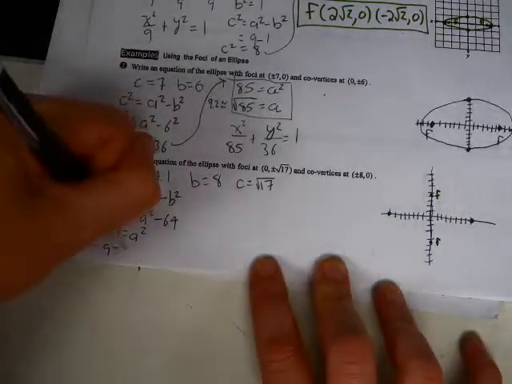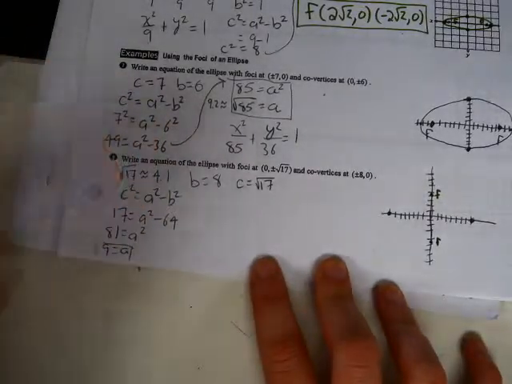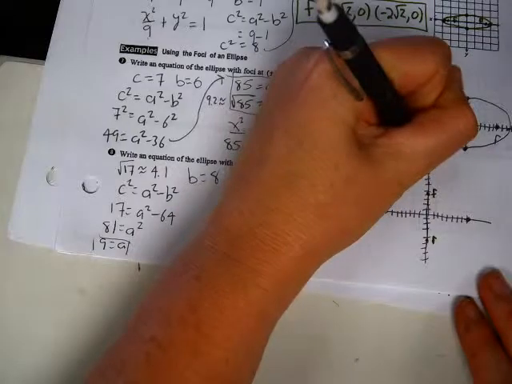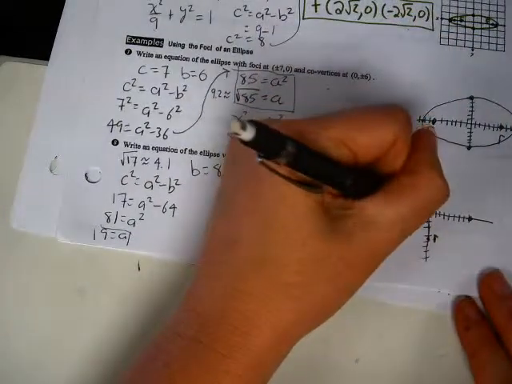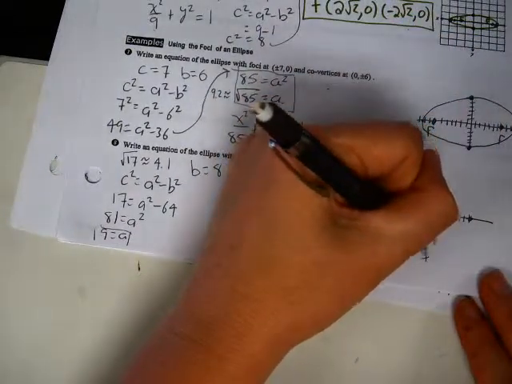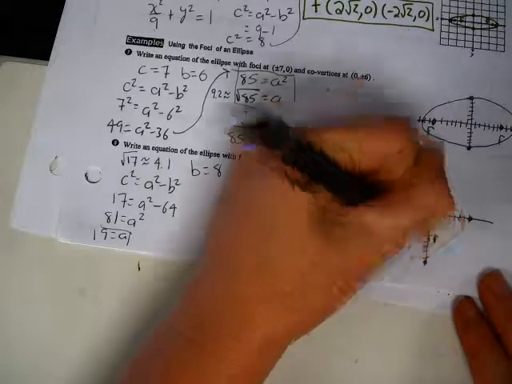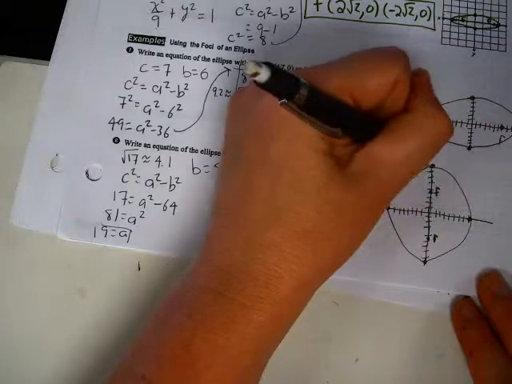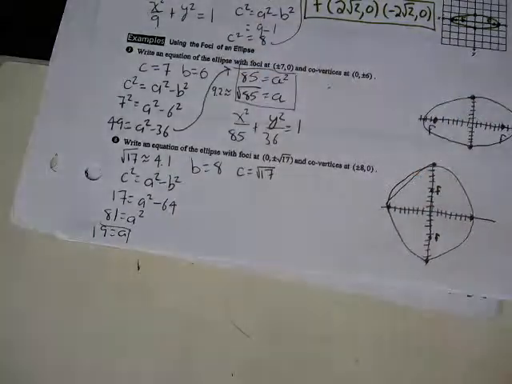So 9 equals A. Let me graph that: 1, 2, 3, 4, 5, 6, 7, 8, 9. Supposed to be round.